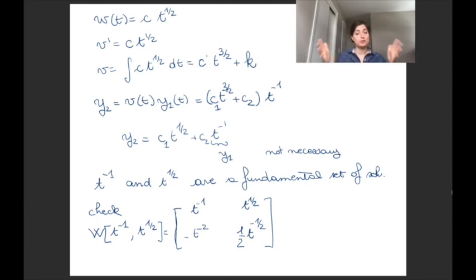And we compute the determinant of this matrix. Through the steps, we compute that to be 3/2 multiplied by t to the minus 3/2. t is strictly positive, so this is not a problem, and it's different from 0 for every t. So our Wronskian is different from 0, so the solutions that we found are indeed a fundamental set.